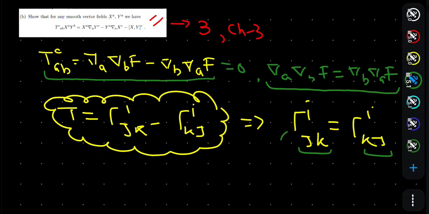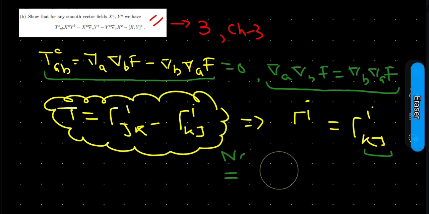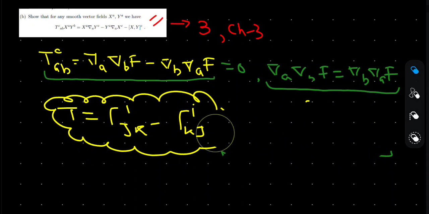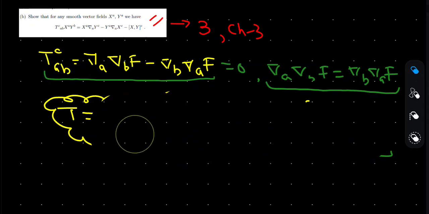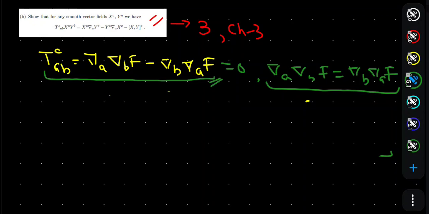Even though the Christoffel symbol is not a tensor, it is still used to construct them. You will see that the formula of the Riemann tensor is completely based upon the Christoffel symbol. Okay, so this is a brief discussion about the torsion tensor, and this is how we represent it. This is very important.